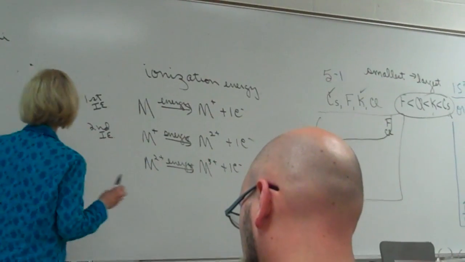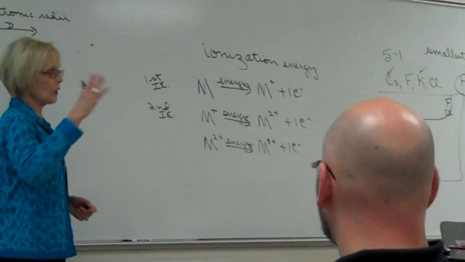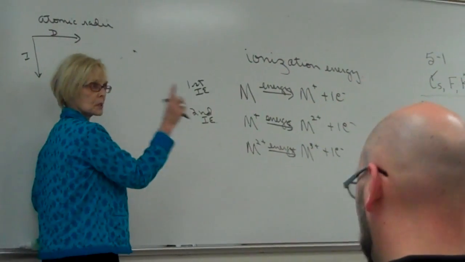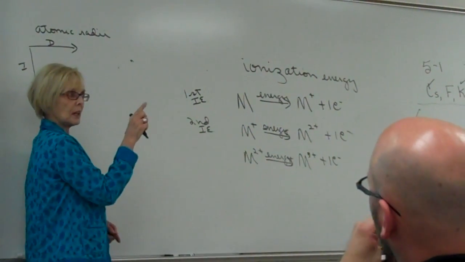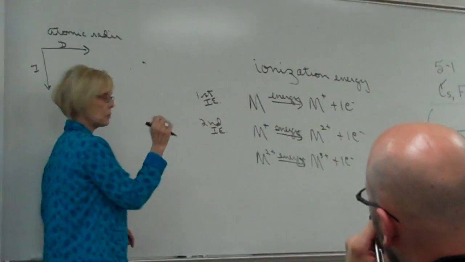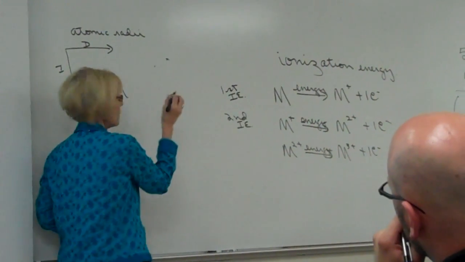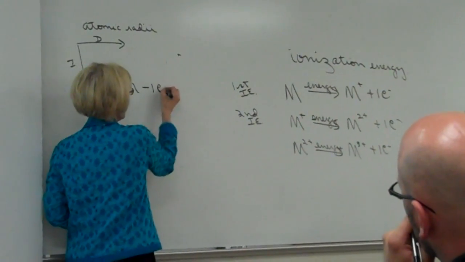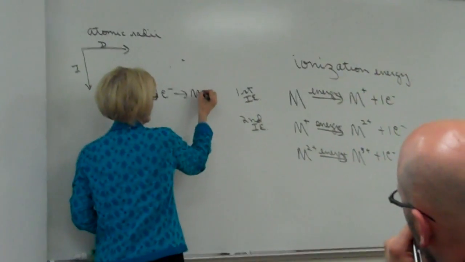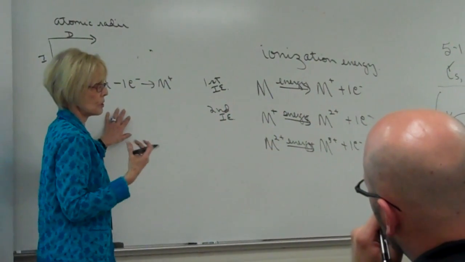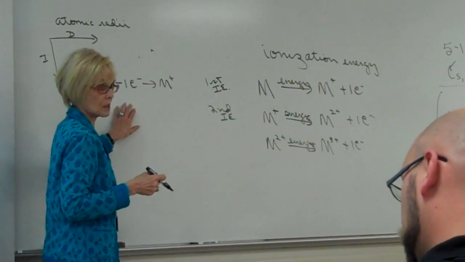Here's something for those of you that have had a lot of science in your background and you heavy-duty thinkers. Sometimes people write this a slightly different way. Let me just show you, and then I'm going to erase it. For this one right here, sometimes you see it as M minus 1 electron to form the cation. This is correct also, but it's just a different format, and I do not like this.